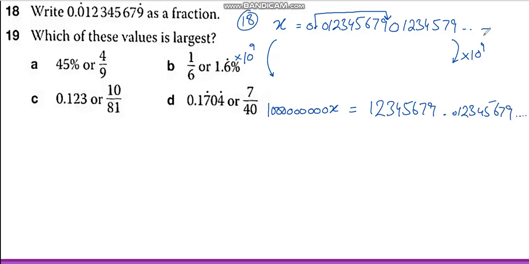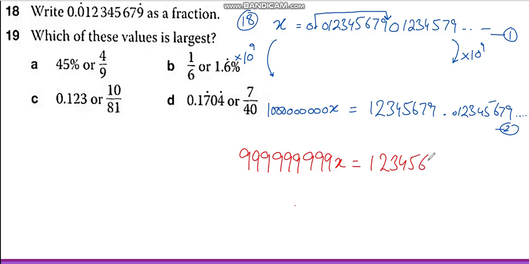Now if I subtract equation 1 from equation number 2, I get 999,999,999x equals 1234567.9. Now if I divide both sides by 999,999,999, we get our answer in the simplest form as 1 over 81. So if we use the calculator, we can easily solve it.